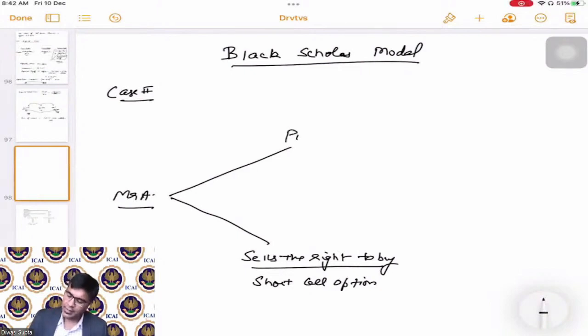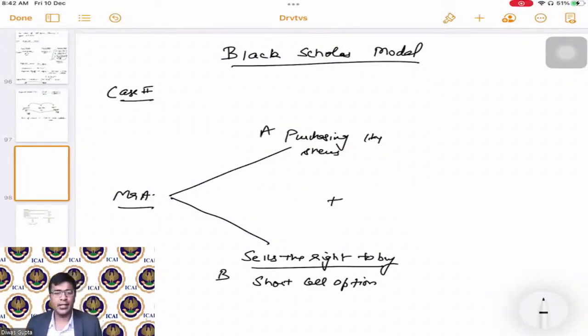Similarly, he's purchasing the shares also. Correct? He's purchasing the shares. Because if he's selling the right to buy on a settlement date, he has to give those shares if the option is going to be exercised. These two steps, A and B, he is doing simultaneously today.